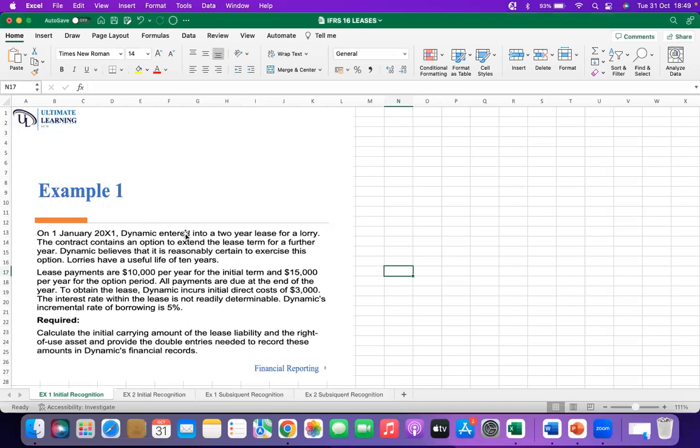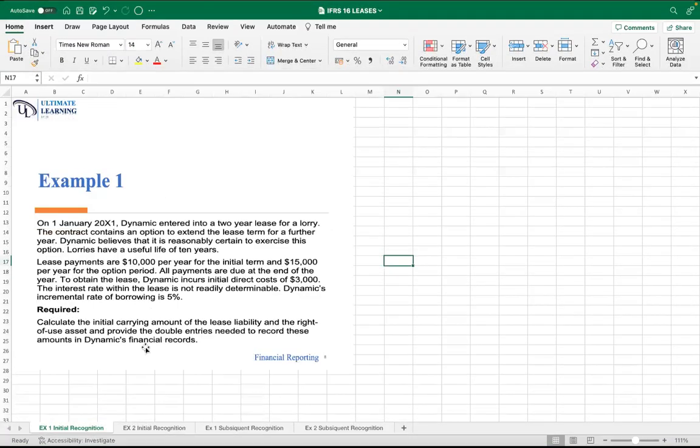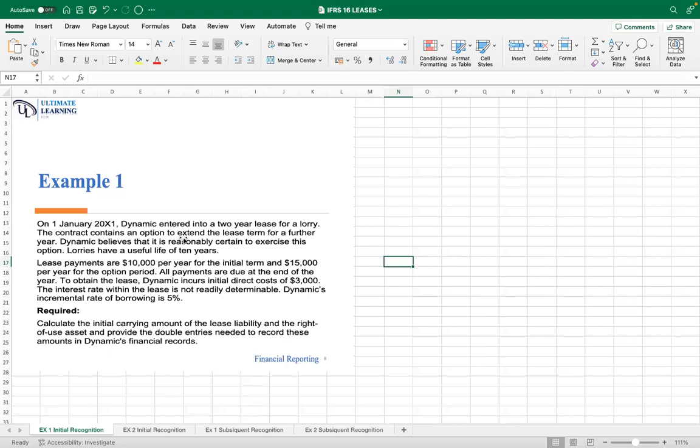Okay, so that is the same question. Let me read it once more before I start solving it. On 1st January 20X1, Dynamic entered into a 2-year lease agreement for a lorry. The contract contains an option to extend the lease term for a further year. Dynamic believes that it is reasonably certain to exercise this option. Lorries have a useful life of 10 years.